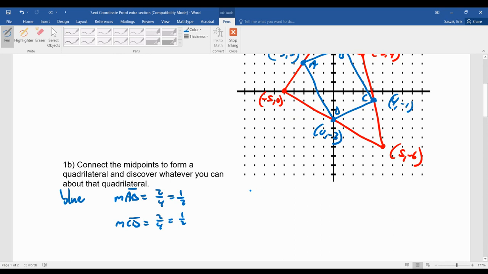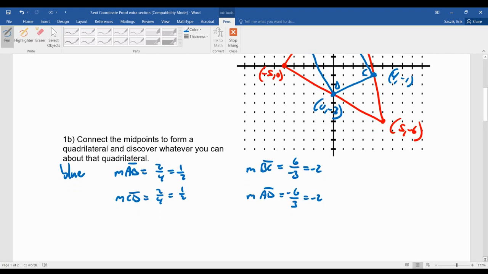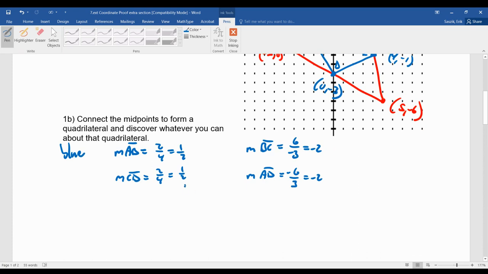I'm going to look at slope of BC. That would be 6 over -3 or -2. I'm going to look at the slope of AD, which is -6 over 3, -2 as well. So we have parallel, right? So we have a parallelogram.